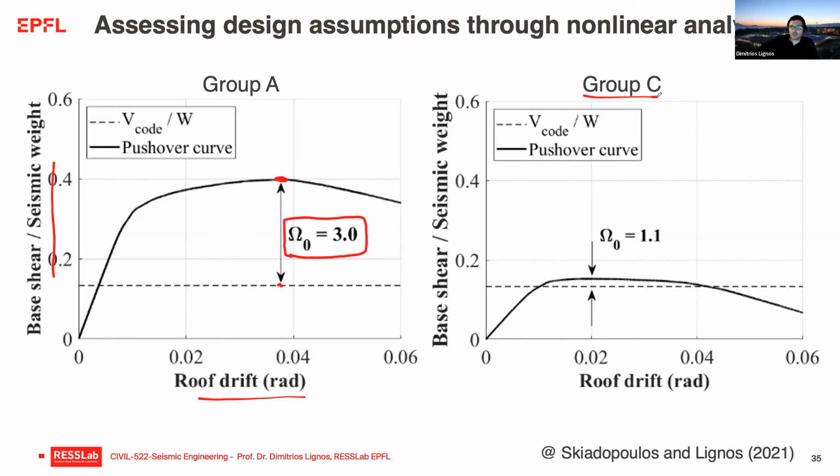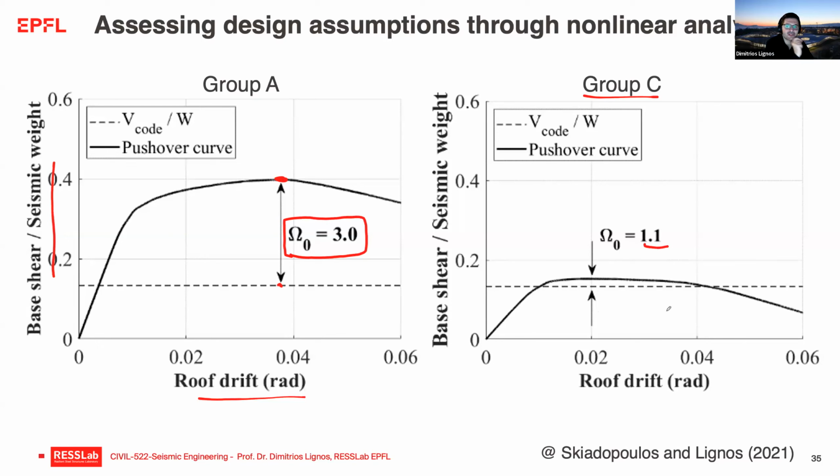Whereas group C, where we waived the drift limits, showed that when we satisfy only strength requirements, as well as section classification, the corresponding system overstrength is literally marginal.